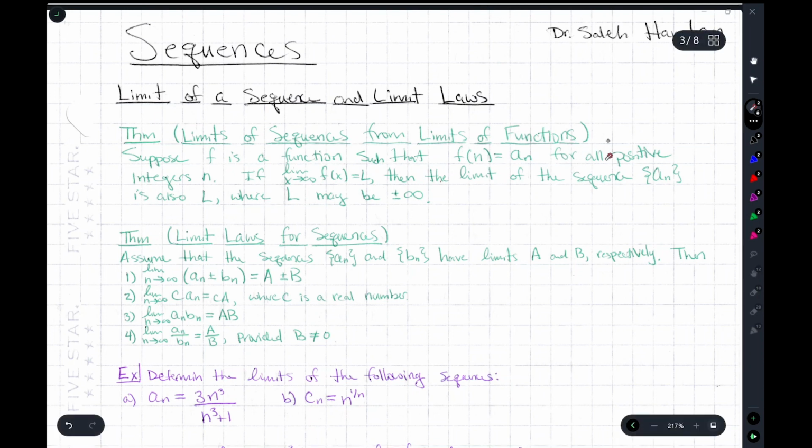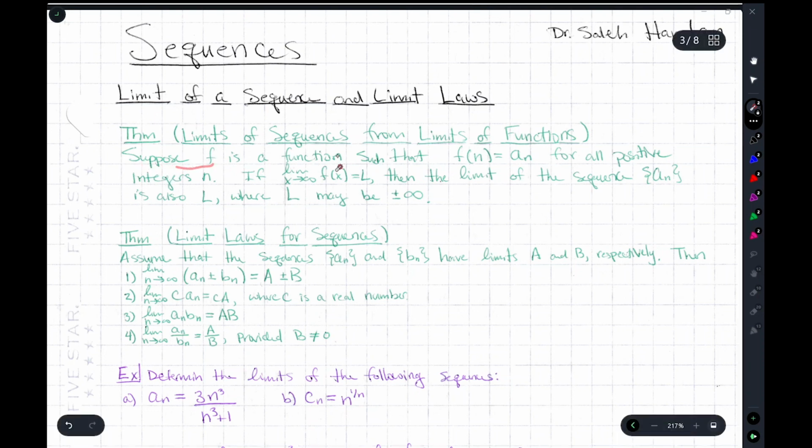So we have a super important theorem here, which is going to allow us to frame the concept of limits of sequences as limits of functions, okay? Now, limits of functions we're really familiar with from Calculus 1, and so being able to frame the problem of limits of sequences in terms of functions is really convenient.